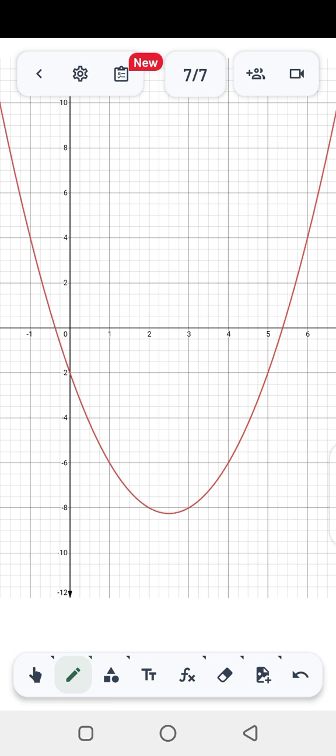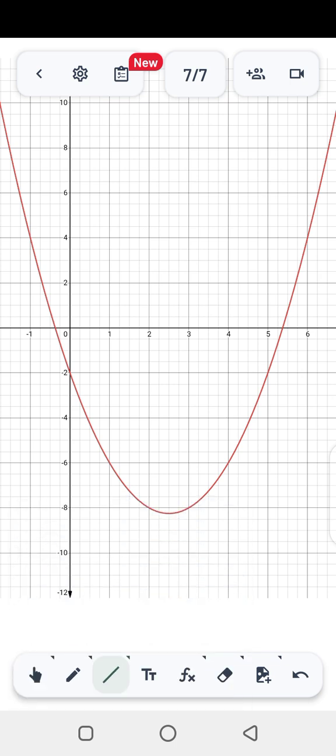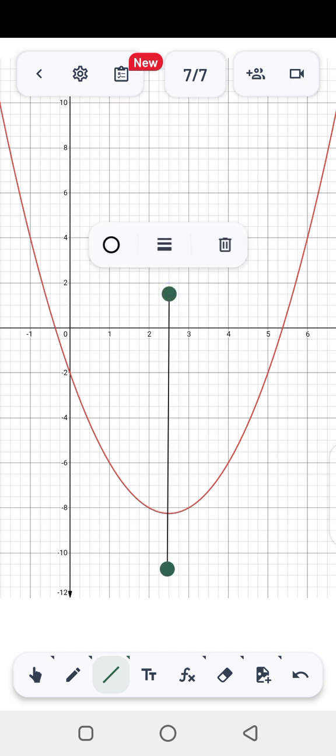So the first question says that from the graph, find the equation of the axis of symmetry. The axis of symmetry. So basically the axis of symmetry divides the graph into 2 equal parts. So where we divide the graph into 2 equal parts is this point, that is where it is dividing the graph into 2 equal parts.